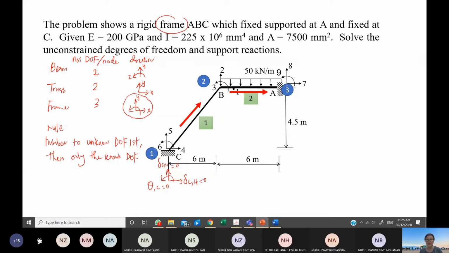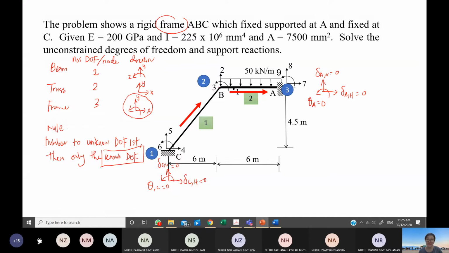Similarly at node number 3, or at A, these displacements are also equal to 0. The rotation at A, and the horizontal and vertical displacements, are all equal to 0. Meaning these displacements are all known values. So we already identify the known values, and we name them later, not first.